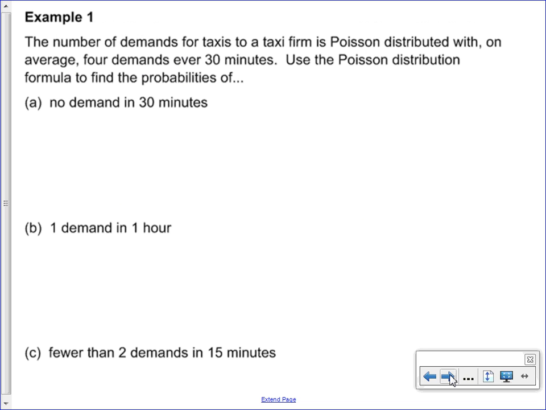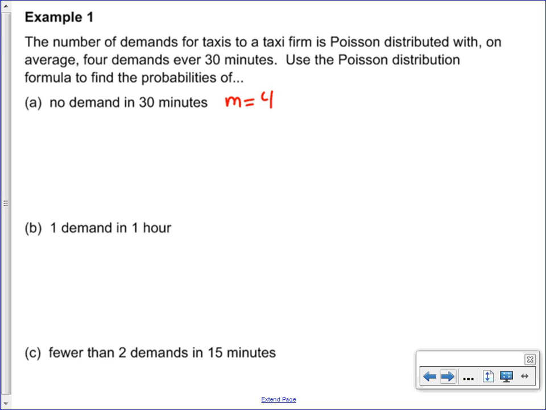So let's calculate some Poisson. Ready? Here we go. The number of demands for a taxi firm is Poisson distributed with, on average, 4 demands in 30 minutes. Use the probability to find all those things. So for example, no demands in 30 minutes. The mean is going to be the average, 4, right?